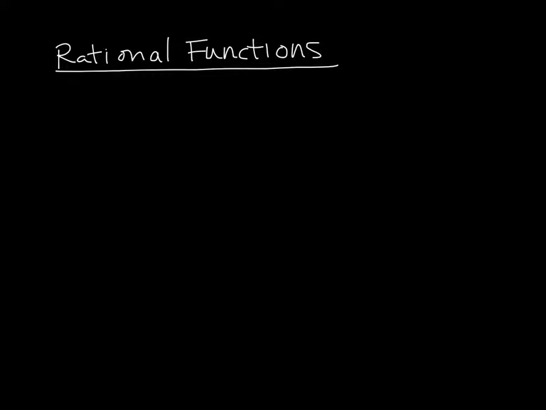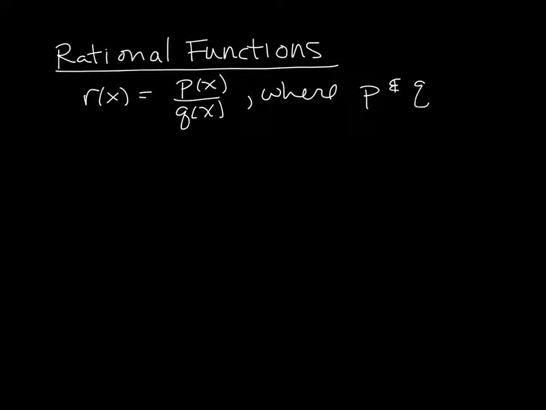So this is just going to be a super brief overview of rational functions. A rational function, let's say r of x, has the form p of x over q of x, where p and q are polynomials.